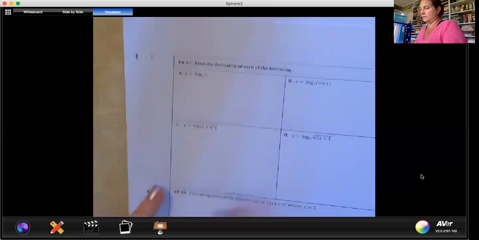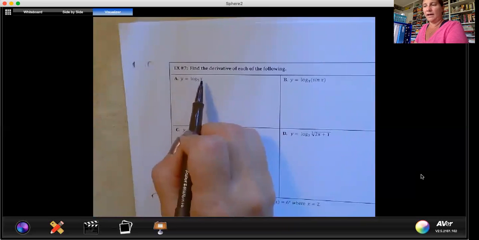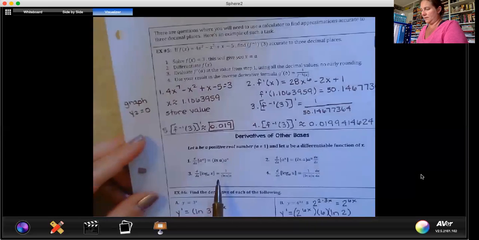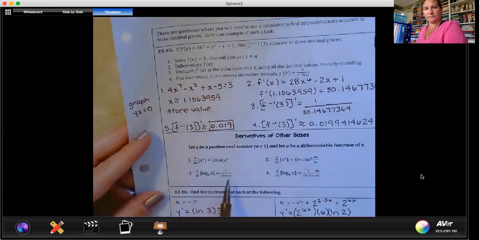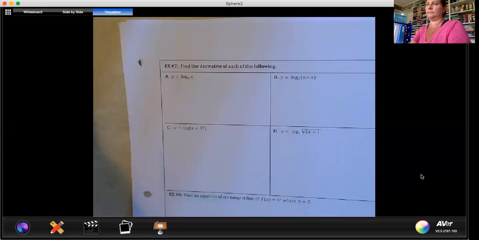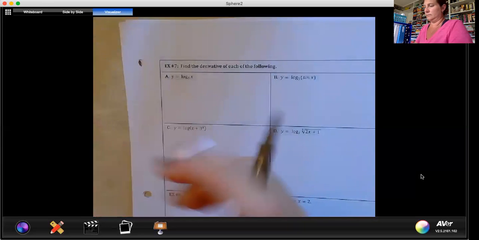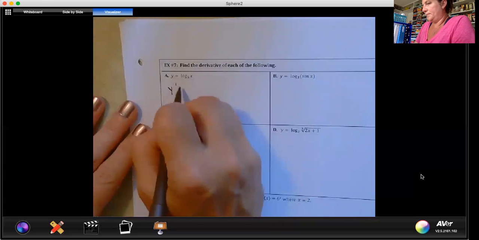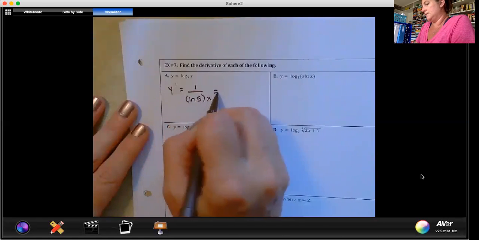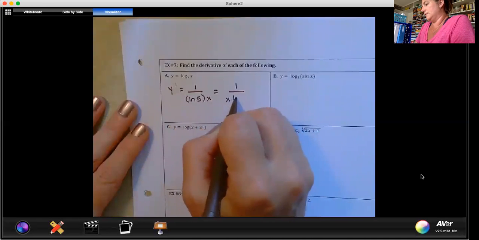On the next page, we're going to be looking at y equals log base 5 of x. So we're going to be using this formula here. Y prime equals 1 over ln 5 times x, 1 over x ln 5.